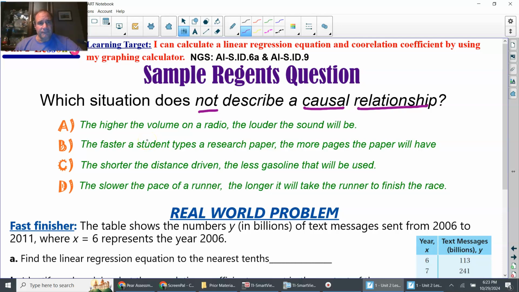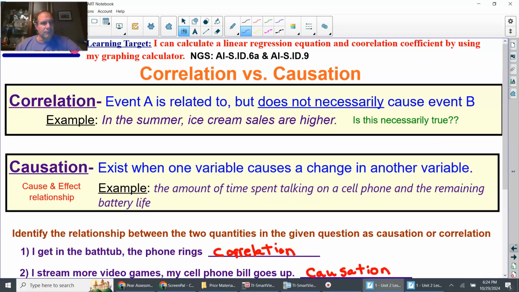So you're looking for one that is not a causation. The higher the volume on the radio, the louder the sound will be. That is a causation. All right, definitely a causation. So we're saying that's definitely going to happen.